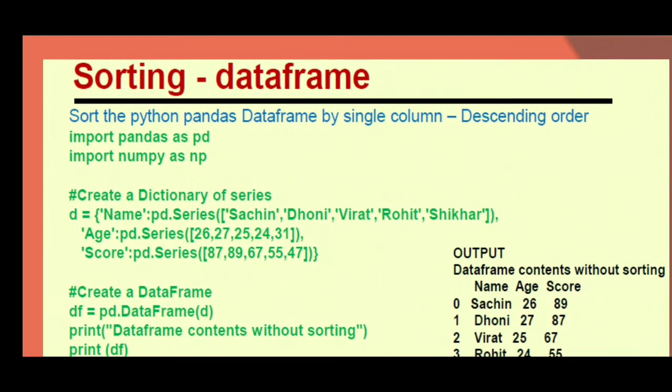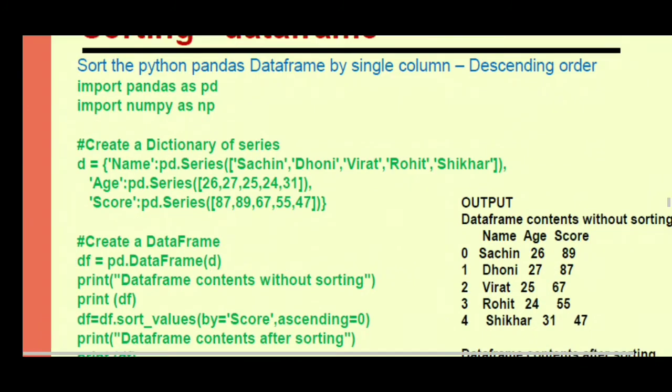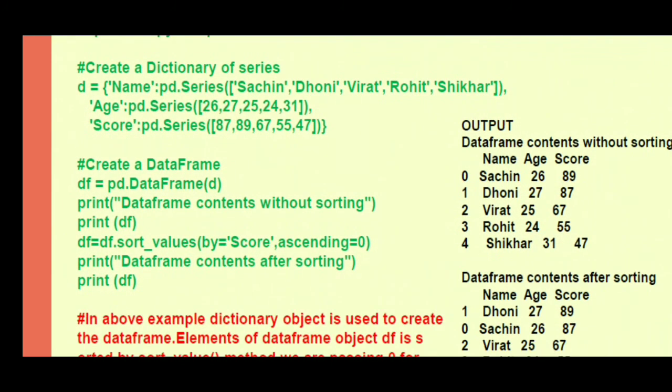Then, to sort the Python pandas data frame by single column in descending order, it is the same, but while writing the method you write df = df.sort_values(by='score', ascending=0). It means now we don't want to display values in ascending order.